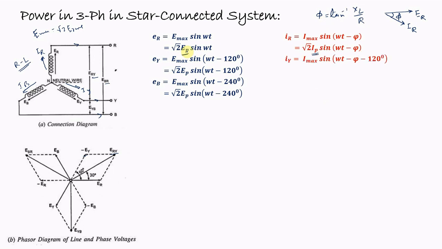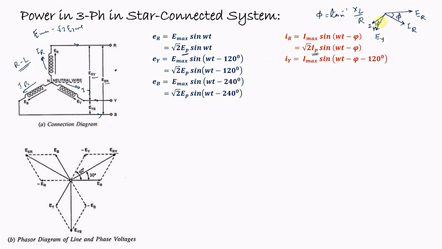And similarly for the Y phase current, the Y phase is lagging the R phase by 120 degrees. So this is the Y phase voltage, and the current is lagging the Y phase voltage by an angle of phi, because for a balanced system each current will lag the corresponding phase voltage by the same angle.